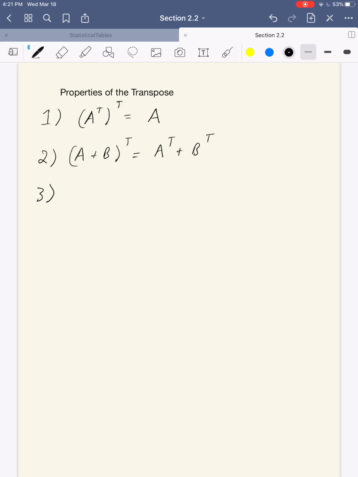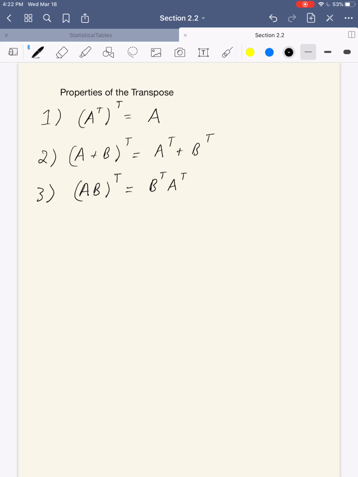And finally, for property 3, transpose also distributes over multiplication, but in a weird way. It actually becomes B transpose A transpose. So transpose distributes over multiplication, but as you can see, if it's A times B, it becomes B transpose A transpose. So it changes the order of the multiplication.